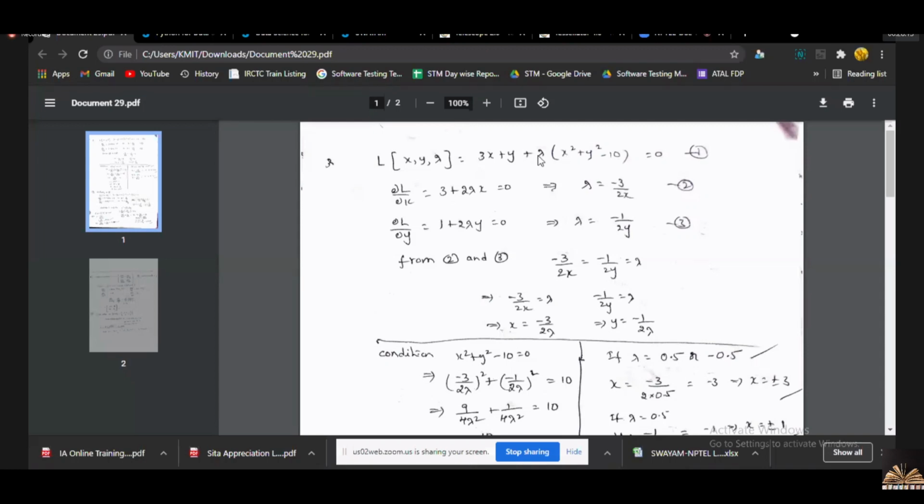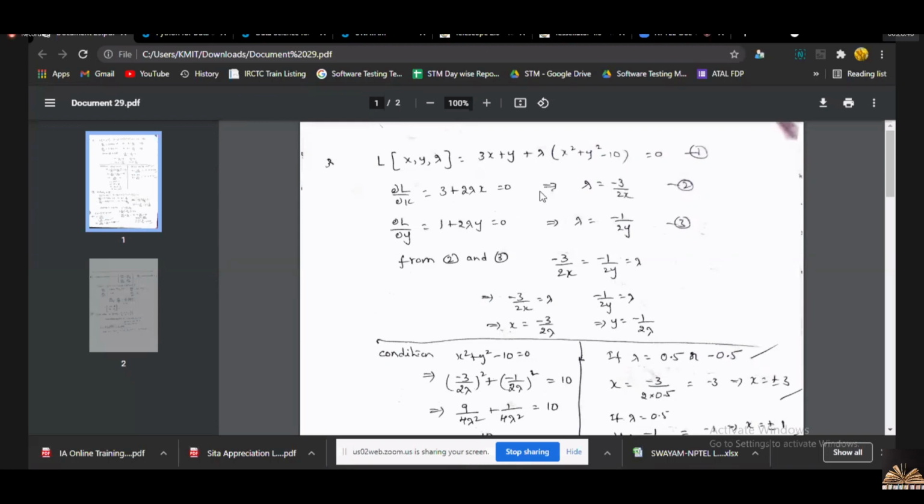So 2x into lambda. That's why with respect to x the derivative is 3 plus 2 into lambda x, where x square gives 2x as the first derivative. With respect to y, we will get 2y. So 3 plus 2 lambda x equal to 0.